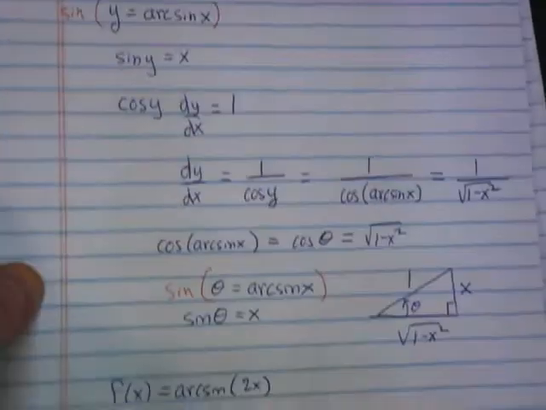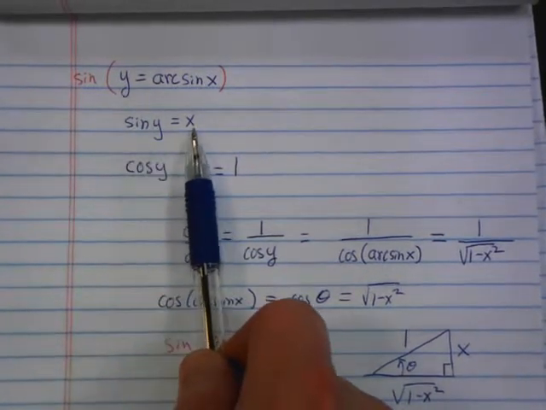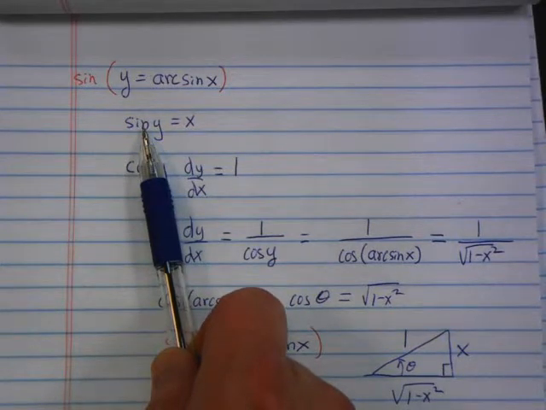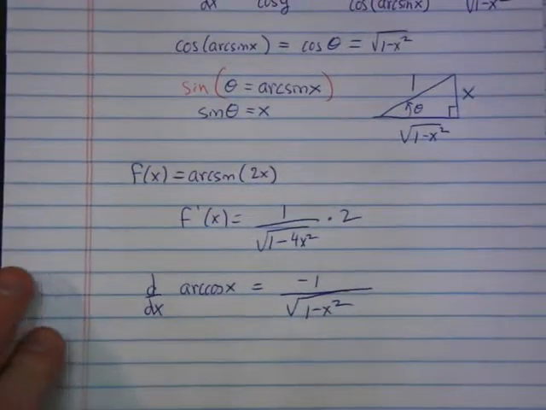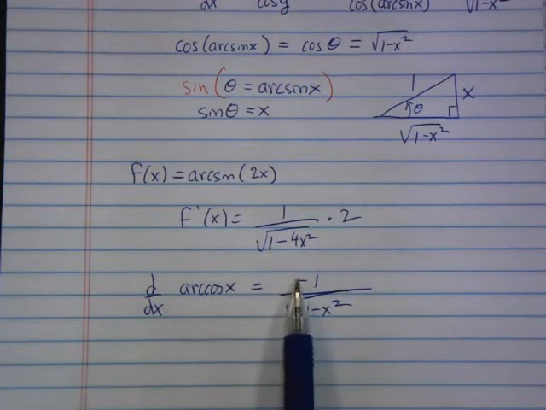Well, if you look back up here, we would do the exact same trick, except we would have cosine y equals x. And what happens when you take the derivative of cosine? You get negative sine. That's where the negative comes from. So the formulas for derivative of arc sine and arc cosine are almost exactly the same. The only difference is the derivative of arc cosine has a negative.